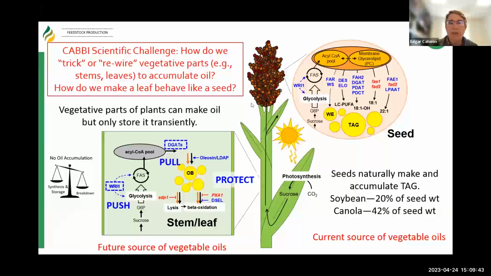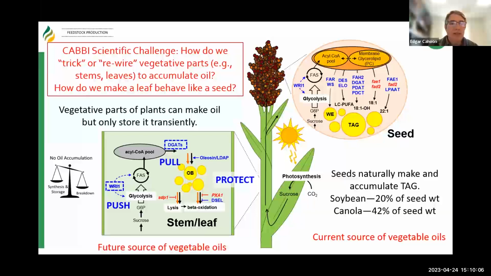The problem with the leaves and the stems is that the oils don't accumulate. Maybe a pathogen, maybe an insect chews on a leaf, maybe the plant is damaged by freezing temperatures. You have fatty acids released from membranes. They can be used to make oil, but that oil is quickly broken down.